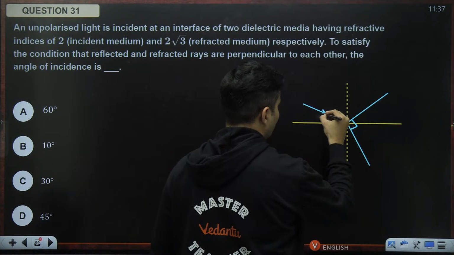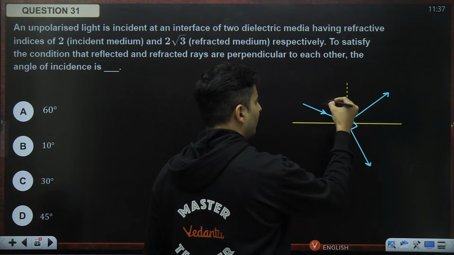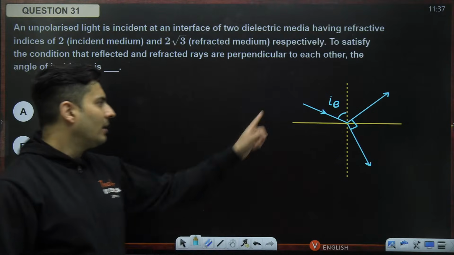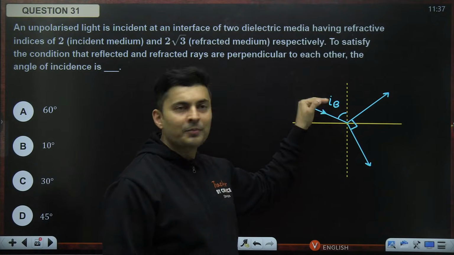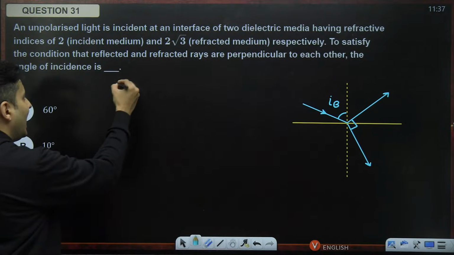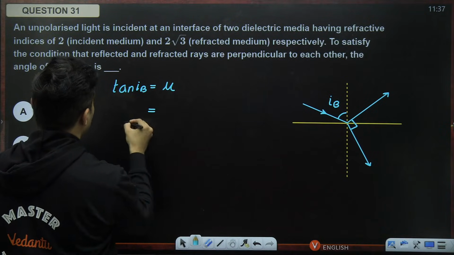This happens only in one scenario, when this angle of incidence is Brewster's angle. Then unpolarized light becomes polarized. This is partially polarized here. So this is basically the concept of Brewster's angle. That's all. So tan of the Brewster's angle is the refractive index.